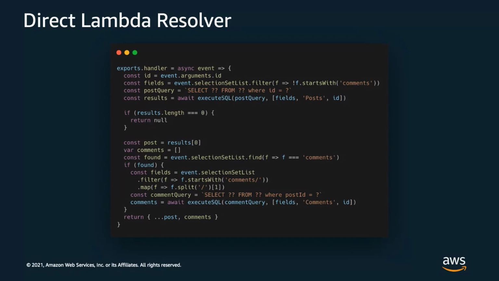While on the other side, if I need to return comments as well, after querying the post table, I need to query the comments table by using the post ID. So again, this is a very efficient way on the backend side, because I can interact just with the data source that I need to interact with. But on the other side, it's also very efficient on the front-end side, because I can retrieve just the data that I need, depending on the view that I'm building in my front-end application.